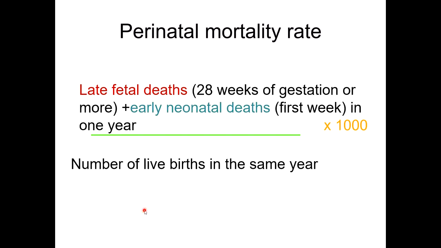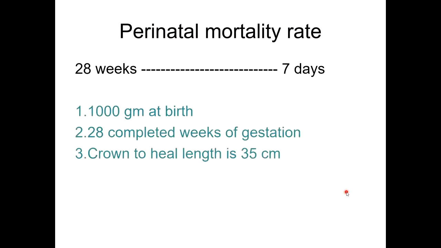Ideally, the late fetal deaths should be included in the numerator as well as in the denominator. But with poor access to data management, if we calculate it through the number of live births, it again reflects the perinatal mortality rate. Again, the critical time period is 28 weeks to 7 days. The weight of the baby should be more than 1000 grams at birth.